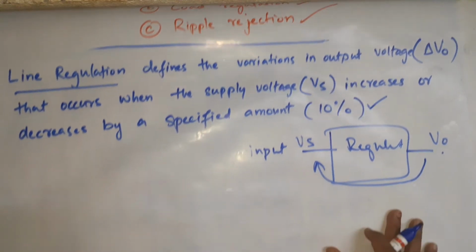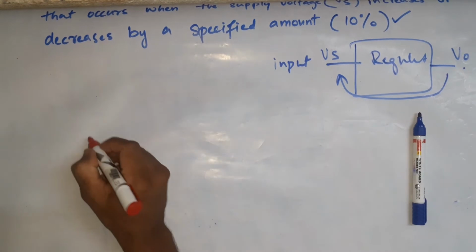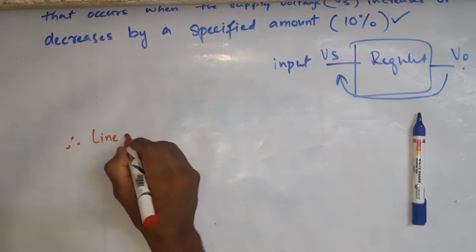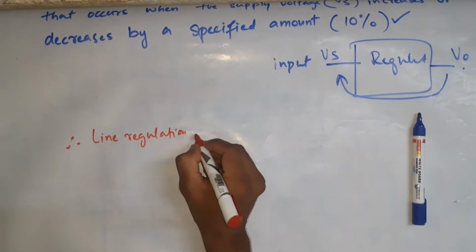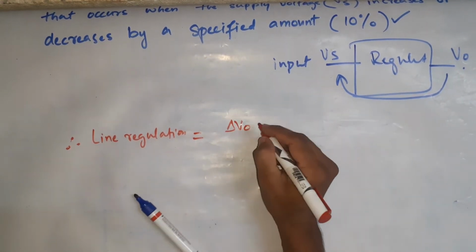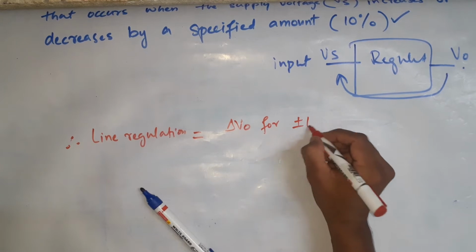One simple formula we have to calculate this. Take down. Line regulation is calculated as the change in V naught, the change in output voltage for plus or minus 10% change in Vs, the supply voltage, whole divided by V naught, multiplied by 100, which will give you the line regulation in percentage.